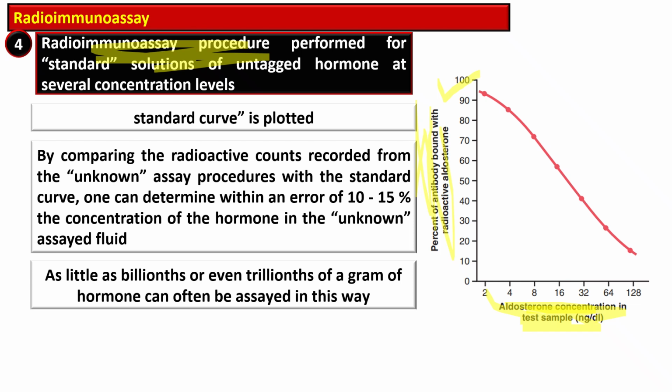The percentage of antibody bound radioactivity is plotted versus known hormone concentration to create a standard curve. It's like this that you can see over here, and then the radioactivity from the test sample is compared against this curve to calculate the unknown hormone concentration.